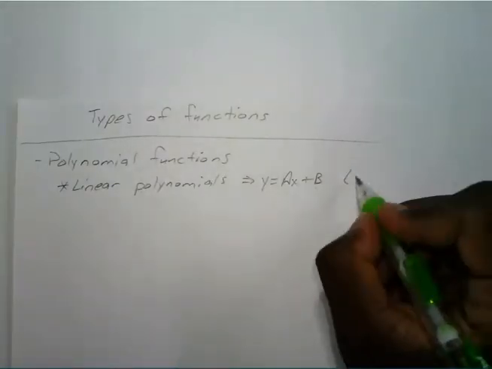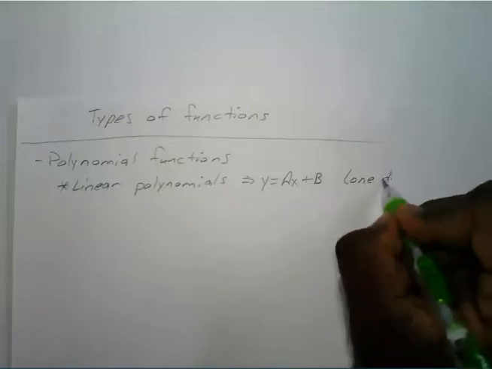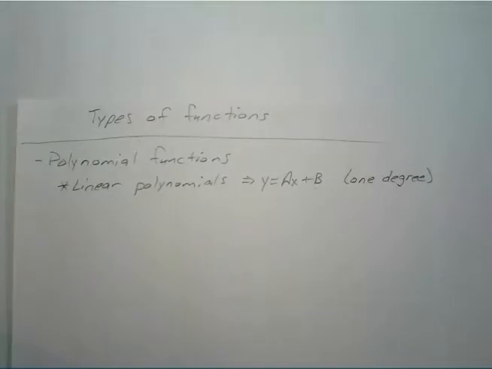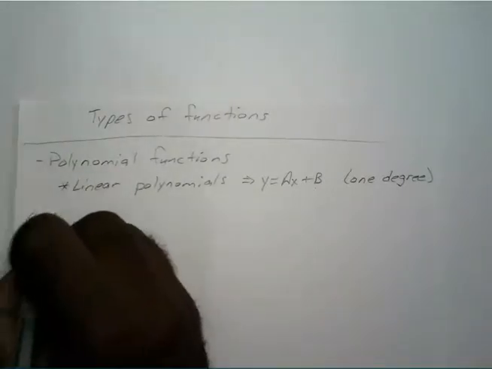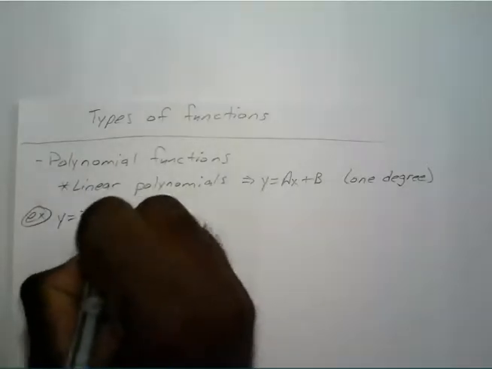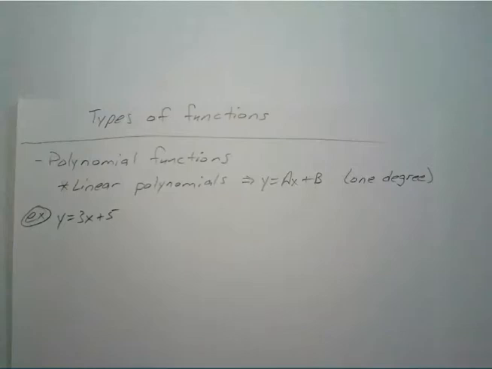And these polynomials have a degree of 1, and we will explain what a degree is in a few minutes. For example, y equals 3x plus 5 is a linear function.